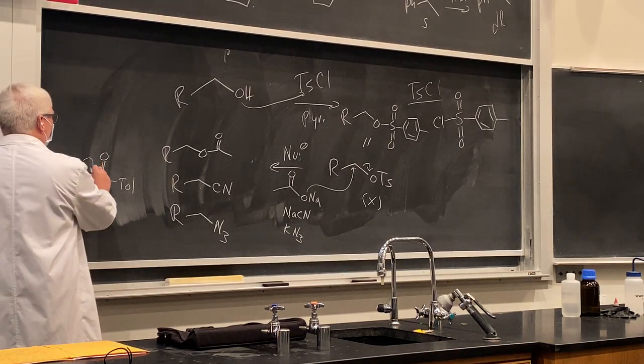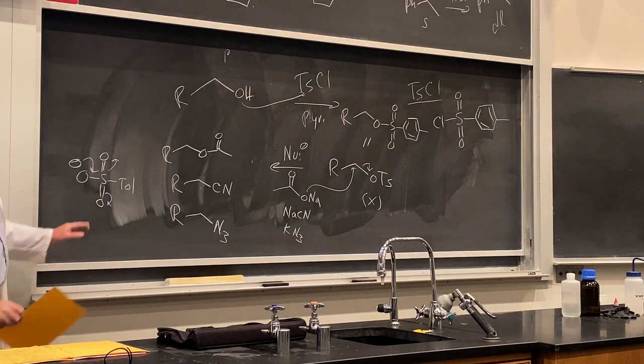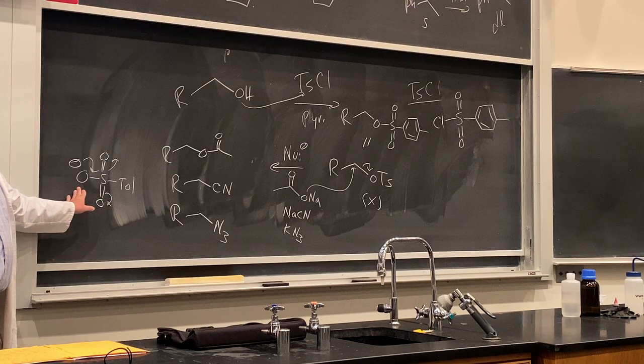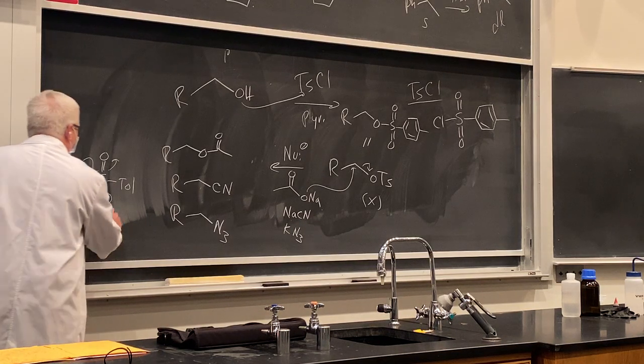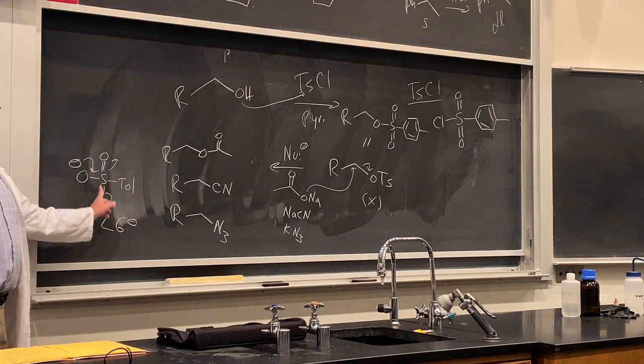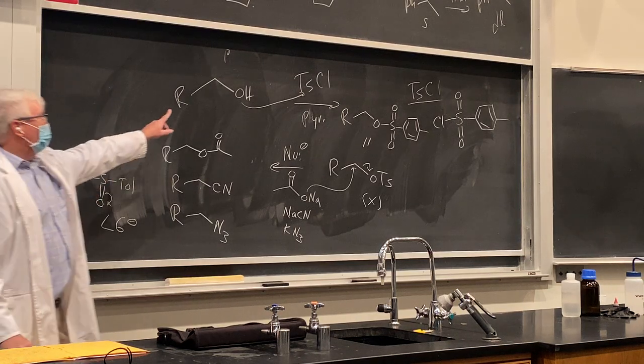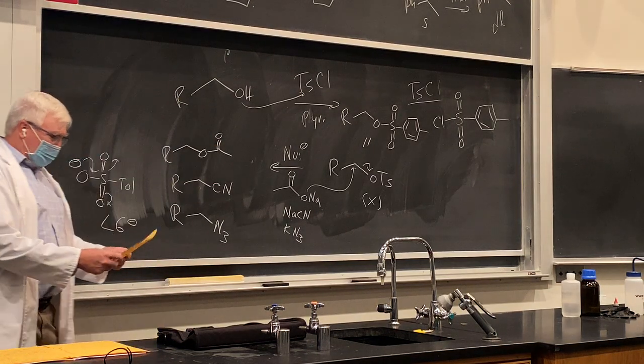Well, this is resonance stabilized. In fact, you have a lot of resonance structures there, okay? This comes from tosylic acid, which is a very strong acid like sulfuric acid. So this here is a very good leaving group, okay? Why? Because it's resonance stabilized, even though it's O minus. It's different than just hydroxide coming out. So these tosylates can be very useful.